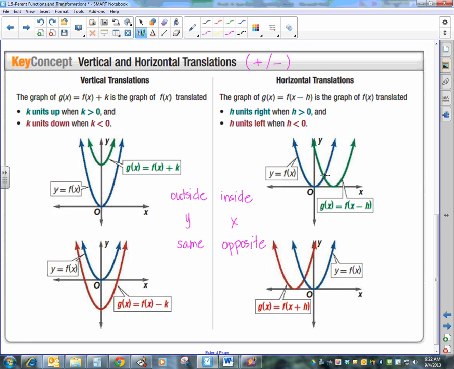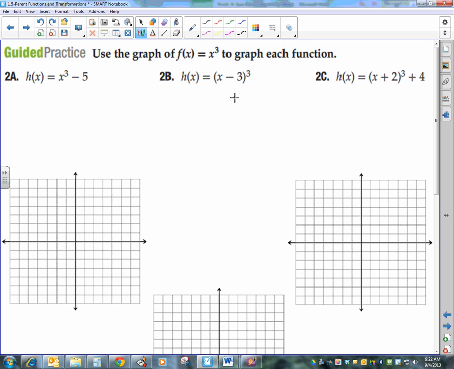Okay, let's look at some examples of how we're going to use this. So we have: use the graph of the function f of x equals x cubed to graph each function. So first and foremost, I'm going to remind myself of that parent function. I know my key points are -1, -1, 0, 0, 1, 1.